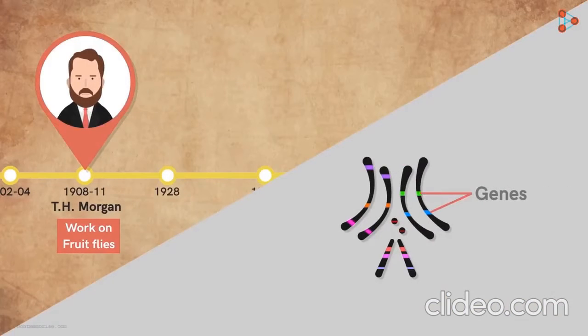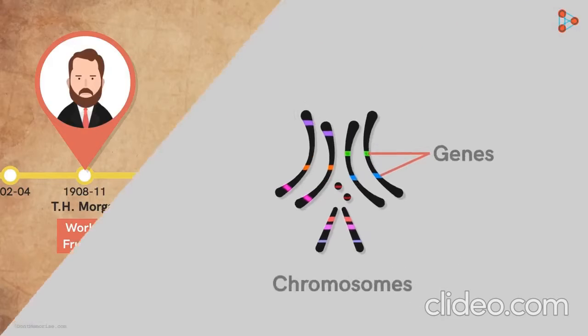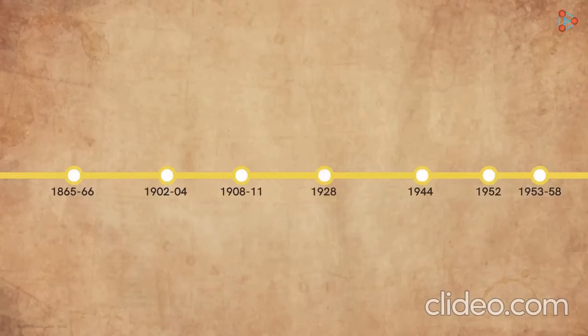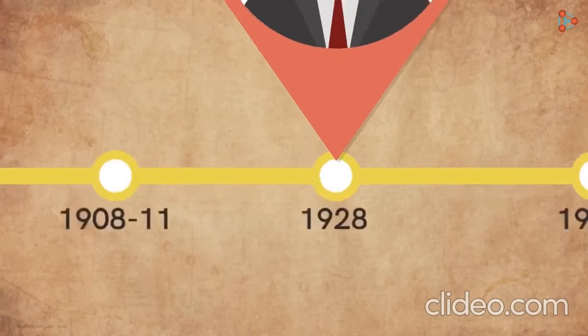After Morgan gave the experimental evidence that genes for traits are present on chromosomes, the scientific world came together to find out what exactly makes up these genes and chromosomes. In other words, the chemical nature of the genetic material is what everyone was curious to know about.